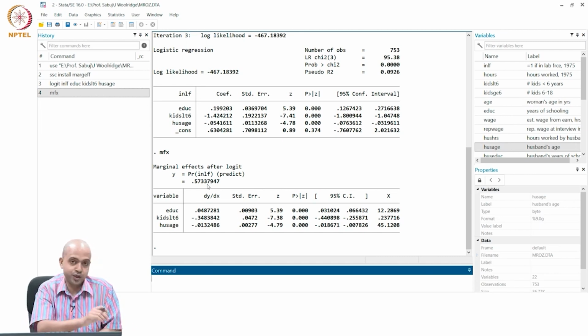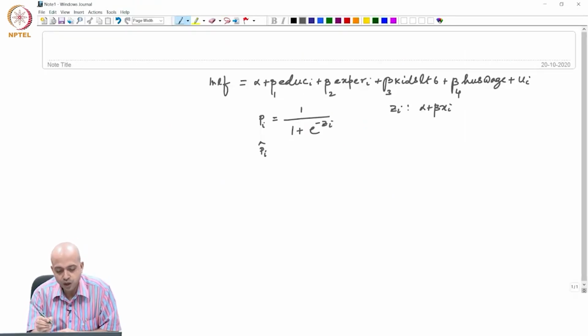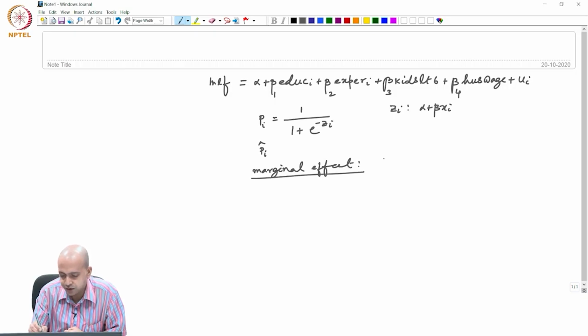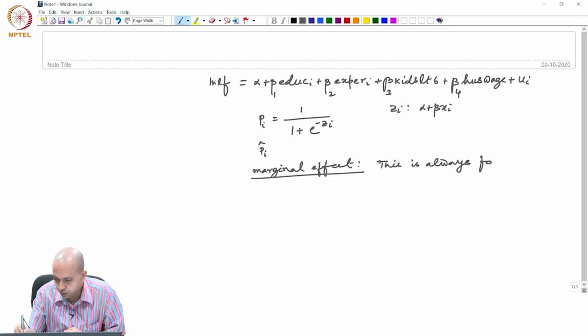Also, remember that all this interpretation of the coefficient is for an average individual. Please keep in mind that the MFX command, the marginal effect, is always for an average individual.